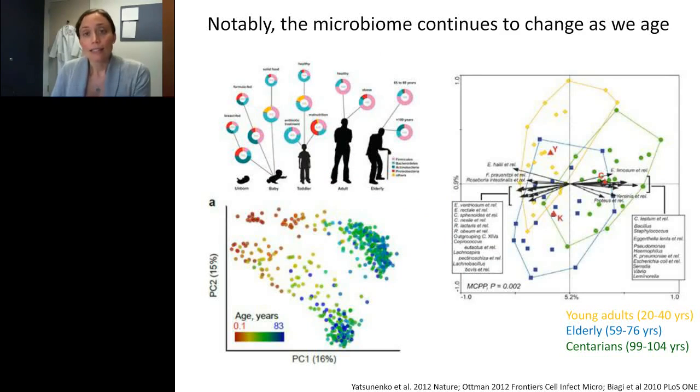But notably, the microbiome continues to change as we age, and not surprisingly, this maturation doesn't end at the age of 3. We find that the microbiome continues to change over time, regardless of where you live or which culture you belong to, and that even into adulthood, one can use microbiome-based markers to distinguish younger adults from older adults and centenarians.